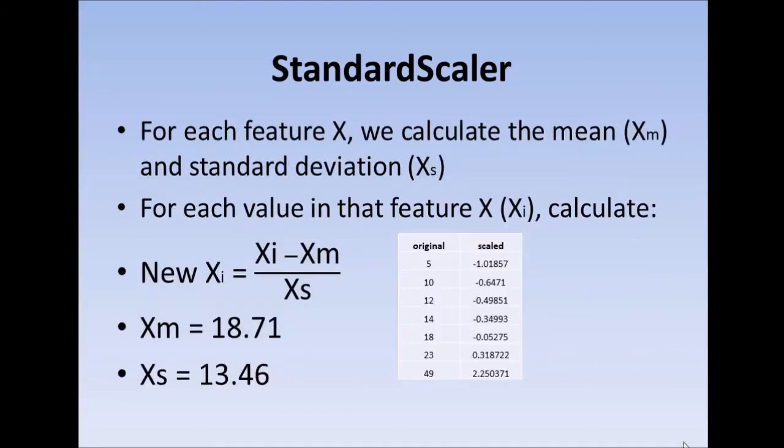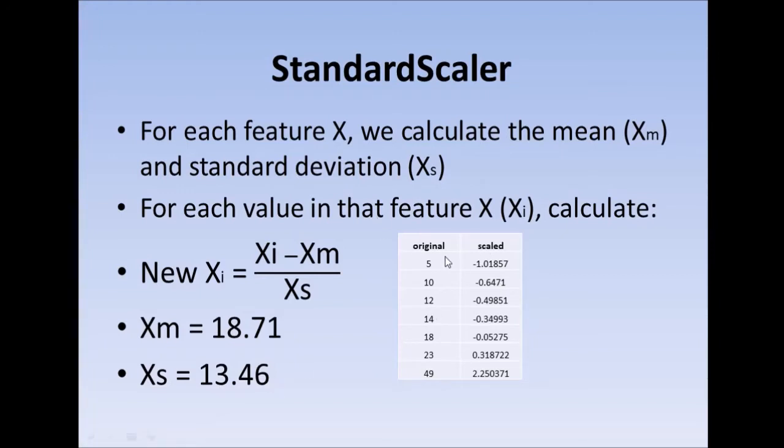Now, how does standard scalar work? For each feature x, for example, if we have this column with ages ranging from 5 until 49, and we have to scale them using standard scalar, how will standard scalar work? It will basically calculate the mean of this particular feature, which will be stored in xm. Then it will calculate the standard deviation, which will be stored in xs, which are 18.71 and 13.46 respectively.